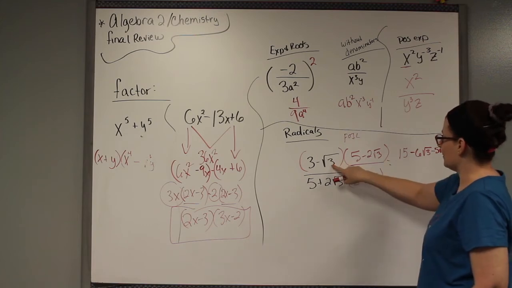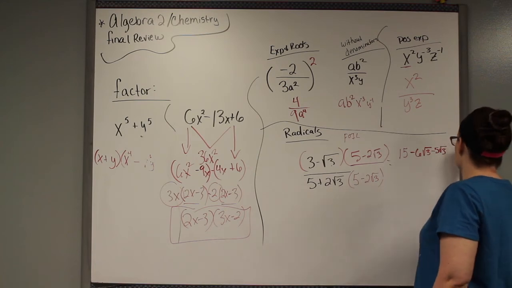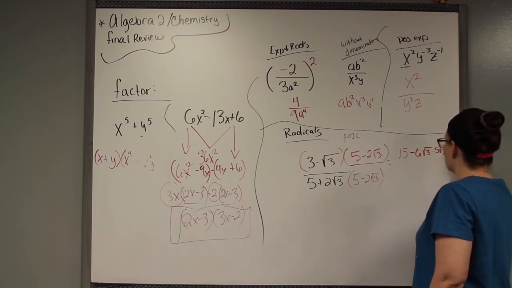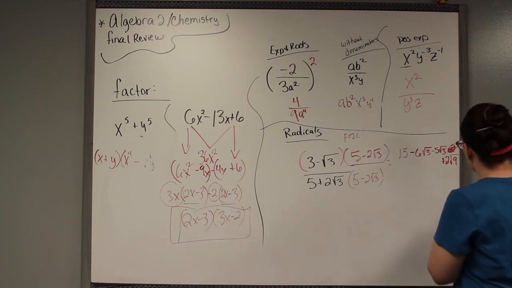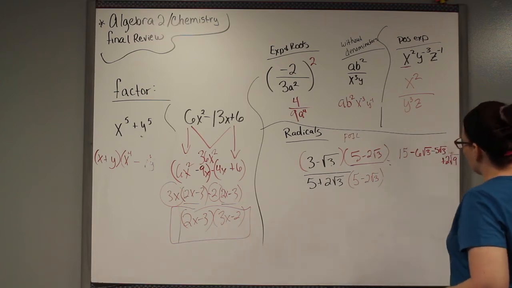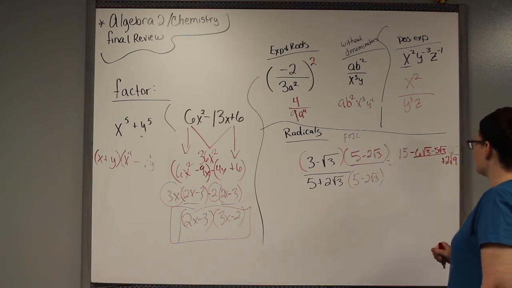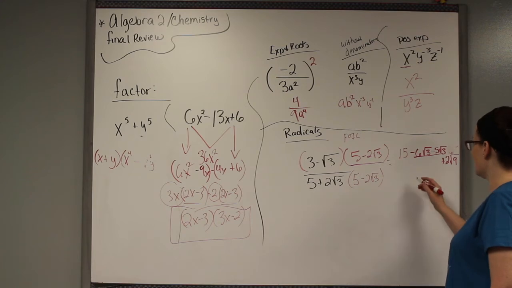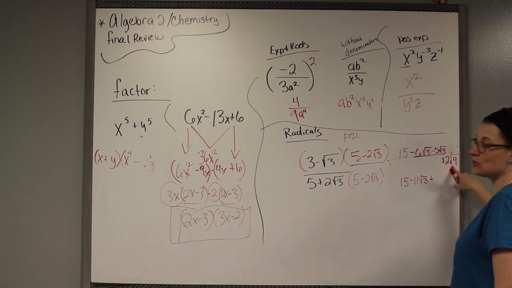And on the last, I'm going to have a negative radical 3 times a negative 2 radical 3, which is going to give me positive 2 radical 9. I'm making a mess up here. So when I rewrite that top, I'm going to look at these. These are both radical 3, so that's a negative 6 minus 5. So that is really 15 minus 11 radical 3 plus 2 times radical 9.